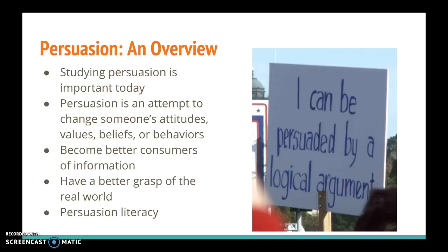And it's important to be able to look at these, like I said, with a critical eye so that we can combat these sorts of messages, these unethical messages, with the truth and not be persuaded by a message that is trying to manipulate us or otherwise harm us. So we're going to be talking about these different theories of persuasion and how you're going to be using those in your own persuasive speech, and how we can organize those persuasive speeches.